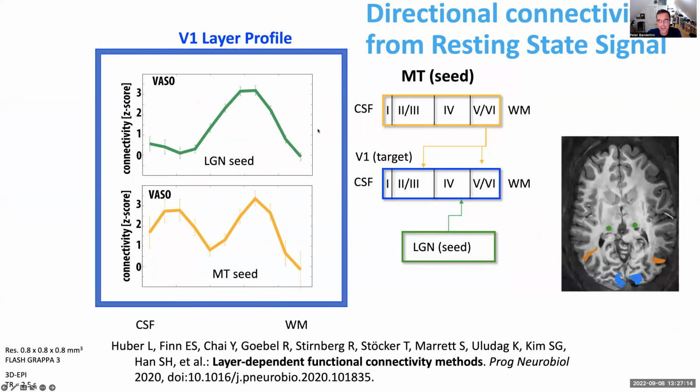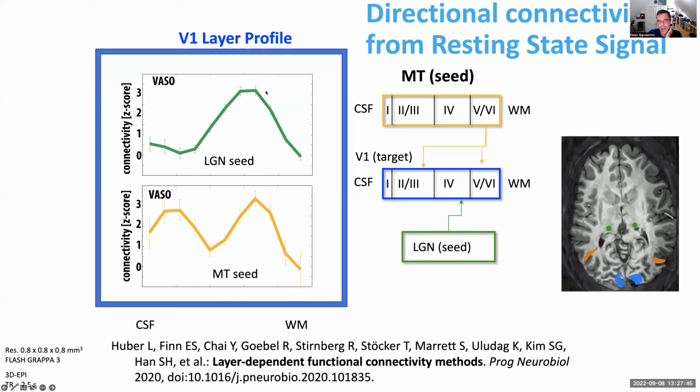And so our first step in doing this was looking at a V1 layer profile. So we took the cortical ribbon in V1, and that was what we looked at. And then we picked seeds from these other areas. So first, if we picked a seed in lateral geniculate nucleus, which feeds into V1, you see a resting state correlation that peaked in the middle layers. So that's as expected.